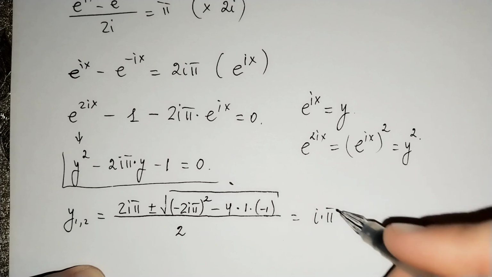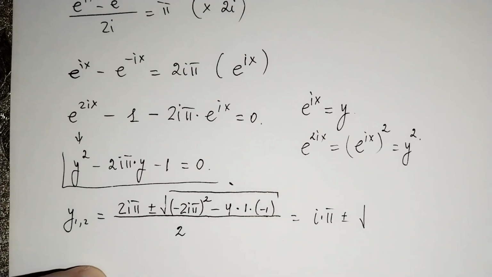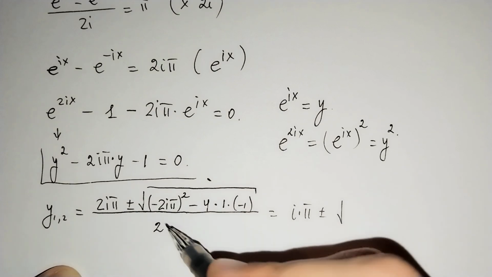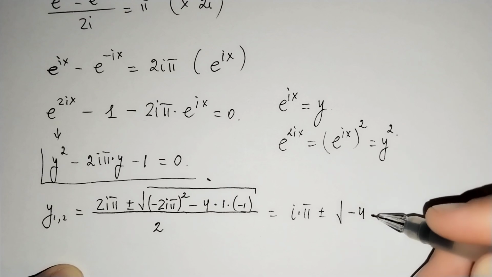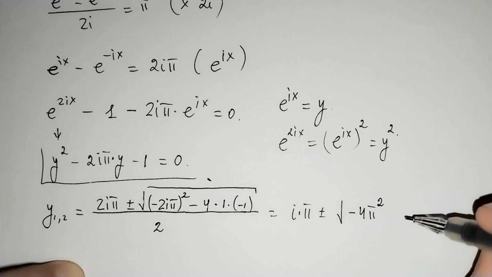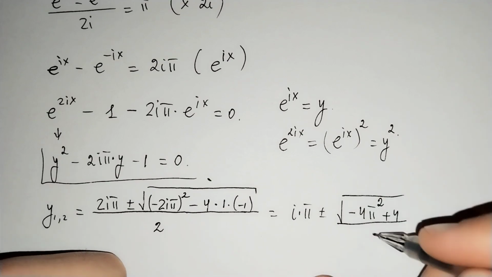So 2i times pi plus minus the square root of, this is equal to 4 minus 4 pi squared plus 4, over 2.